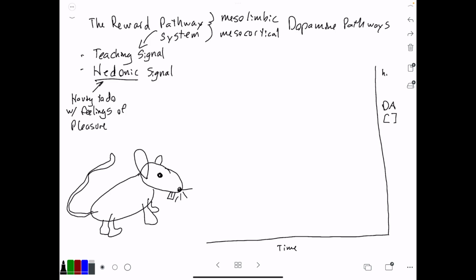So this is high, and that's low. And so let's say we put this rat into a special cage, and we give it, right here, a food reward.